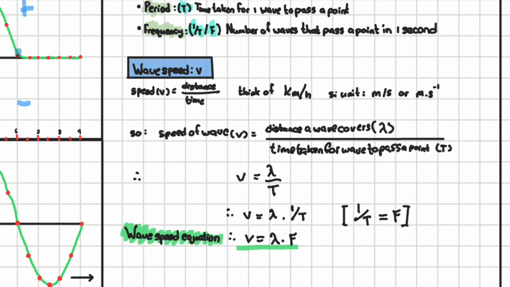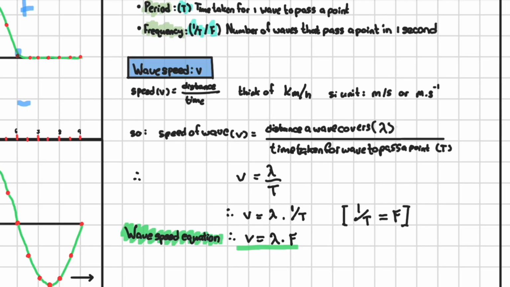Let's break down the formula for calculating wave speed. We know that speed is distance over time, so let's apply that to the concept of waves. So the speed of the wave should be the distance of a single wave divided by the time it takes for a single wave to pass a point. Now, we can obtain an equation using the symbols for these properties.